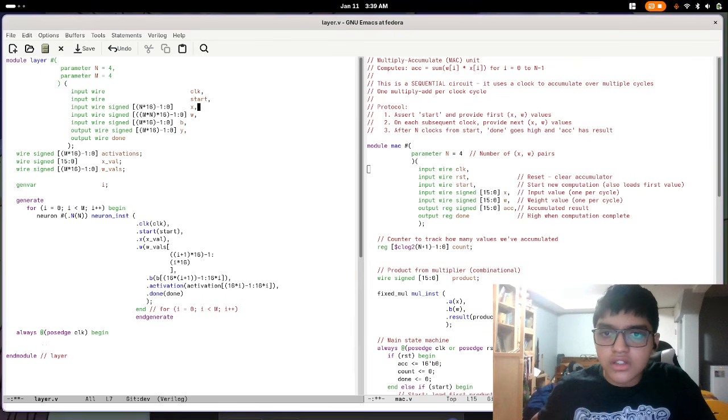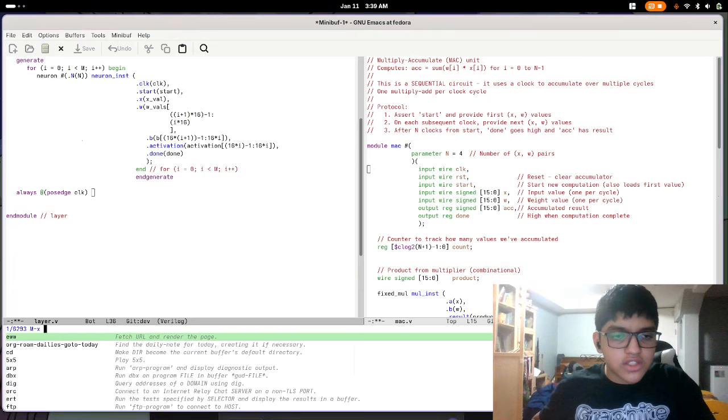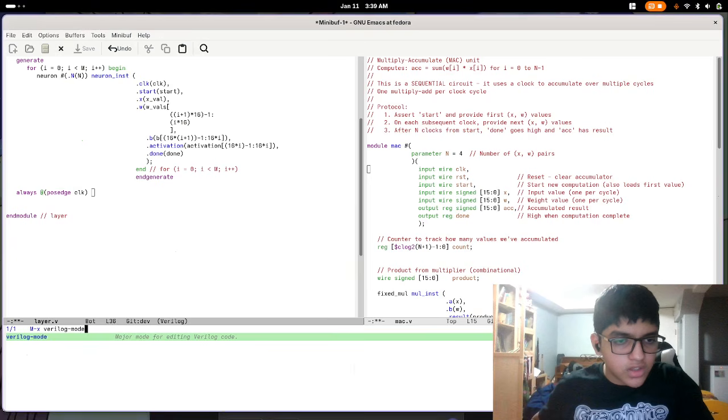Comma, comma. Hopefully it's nothing. I don't know why the indentation is giving me trouble in Verilog mode.